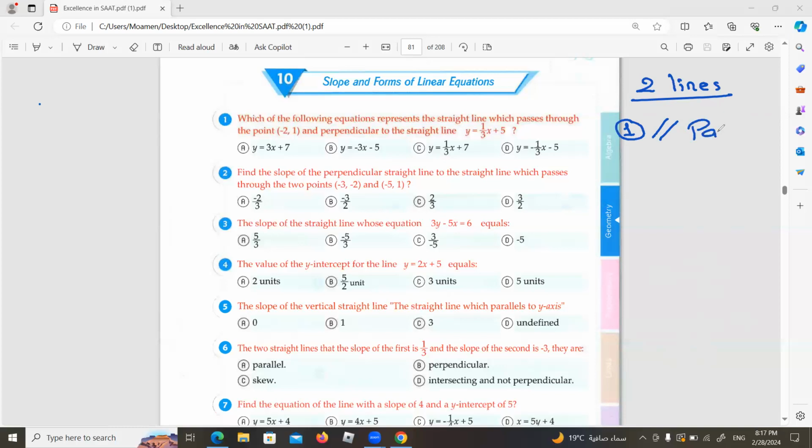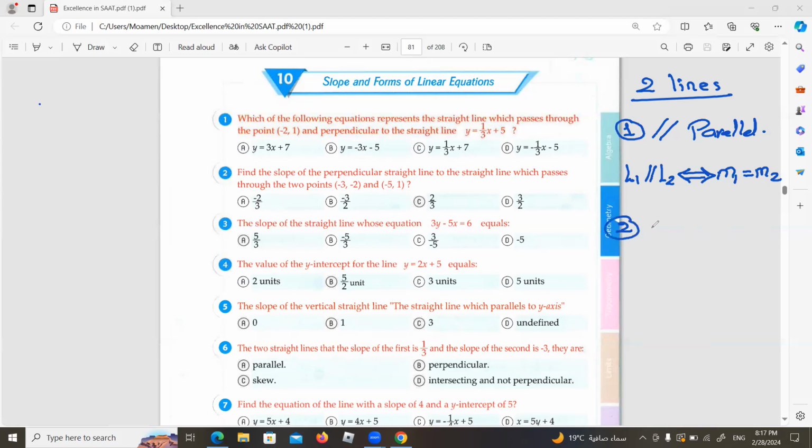If you have two parallel lines, their slopes will be equal. If L1 is parallel to L2, then we can deduce that m1, the slope of the first line, equals the slope of the second line, and vice versa. It means if you have equal slopes, the two lines are parallel. This is the first case.